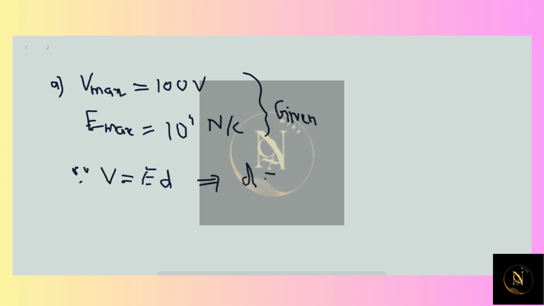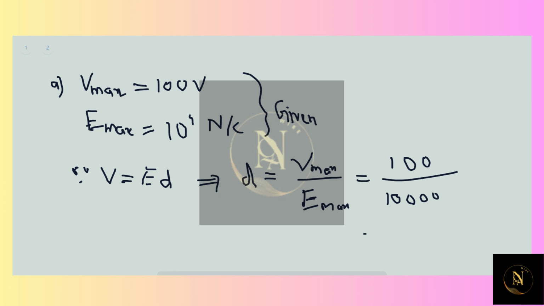Maximum separation between the plates can be D equals Vmax over Emax, which is 100 divided by 10 raised to 4, which is 10,000, which comes out to be 0.01 meters, or in other words, it is 1 centimeter.